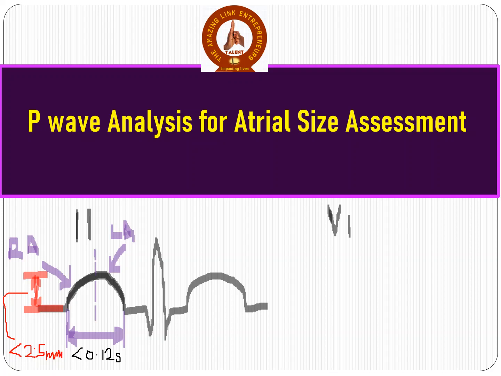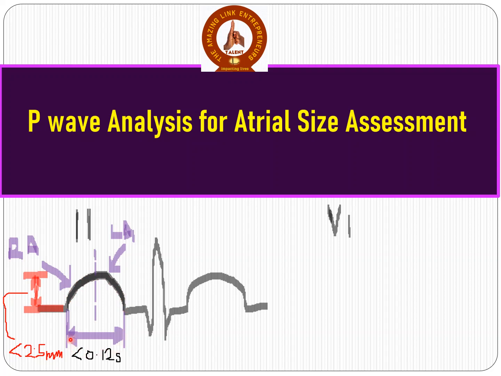In summary, we have looked at the characteristics of P waves in lead 2, examining 3 components: the configuration, which is the summation of the waveforms from the right atrial and left atrial depolarization waves. So it is upright, monophasic with a rounded contour.